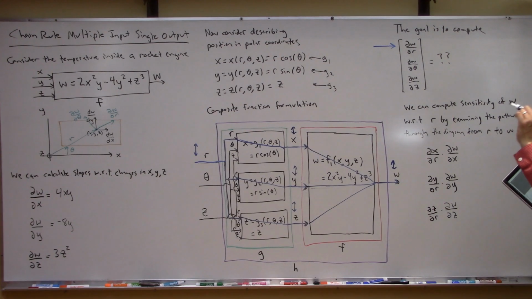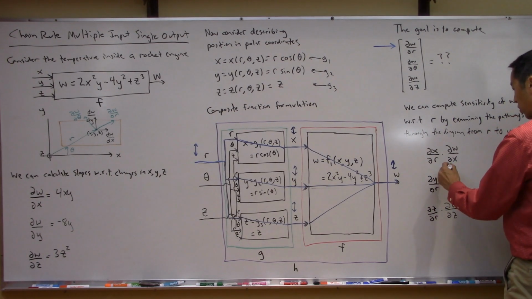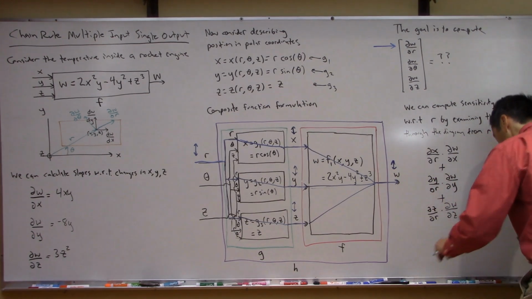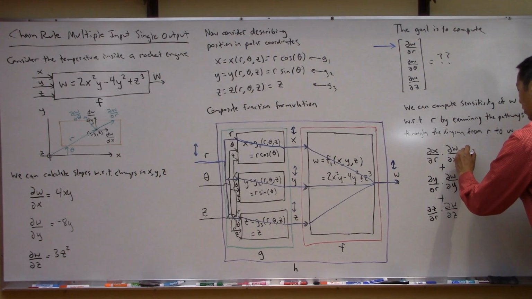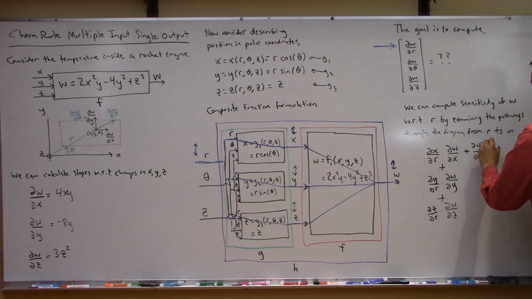And now, what we have to do is add all these together. So plus, gosh, I probably should have put them all in the same line. Tell you what, let's rewrite this. Let's move them all in the same line. So this plus partial y, partial r, partial w, partial y, plus partial z, partial r, times partial w, partial z.